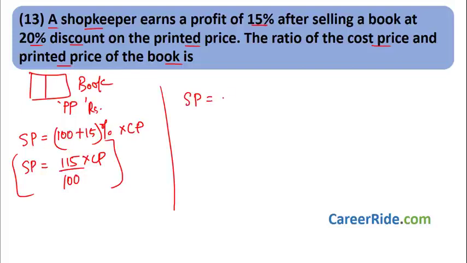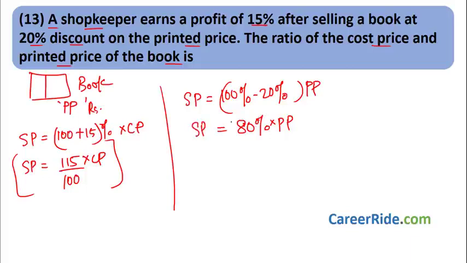So, how much would be the selling price? It would be simply 100% minus the 20% discount on the printed price. That would be 80% of the printed price, right? Because there is a 20% discount, the customer has to pay only 80% of the printed price. This is also the selling price, that is 80 into PP divided by 100. Both these are selling prices, so they have to be equal.